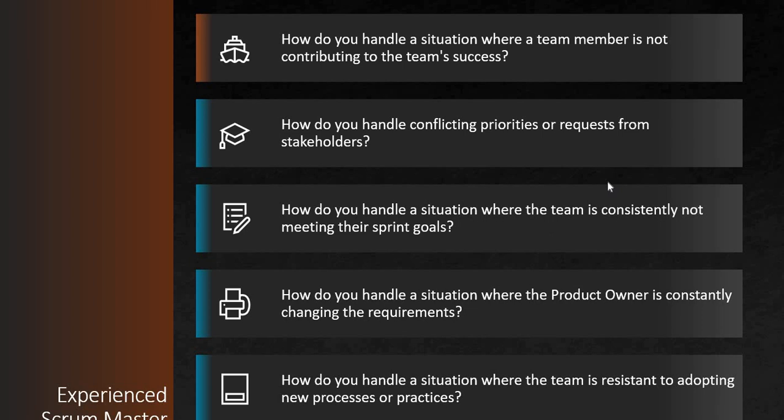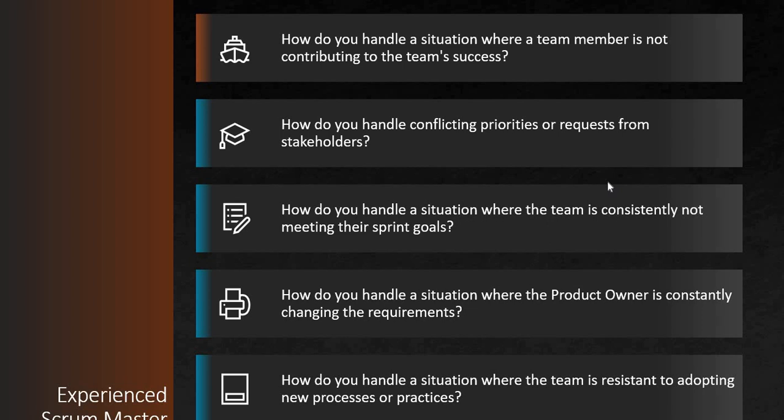How do you handle a situation where the team is consistently not meeting their sprint goals? As a Scrum Master, I would first analyze the situation to understand the root cause of the problem. It could be due to a lack of clarity or agreement on the sprint goals, poor estimation or planning, or issues with the team dynamics.